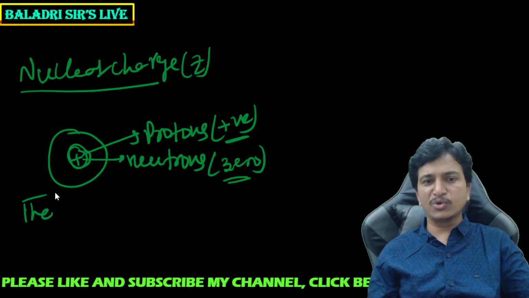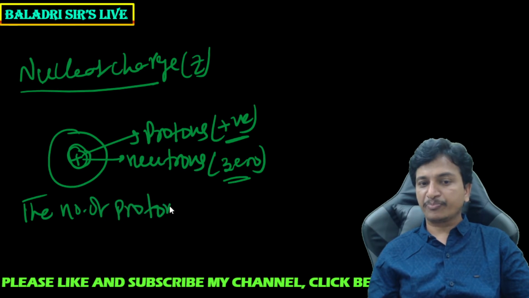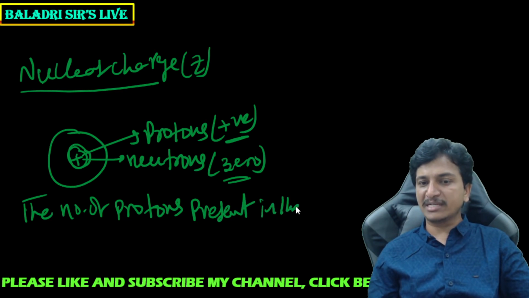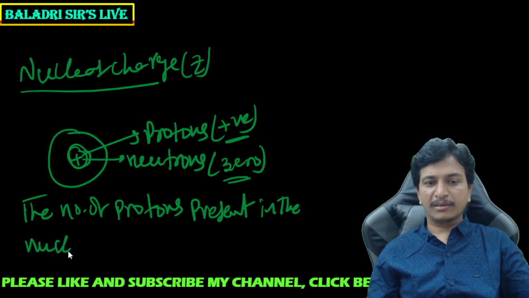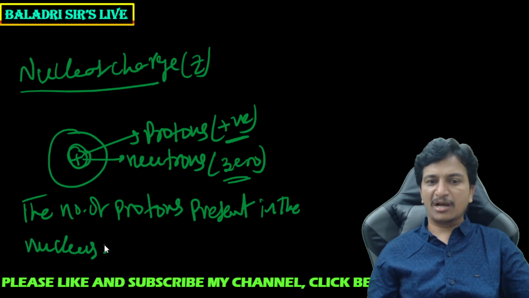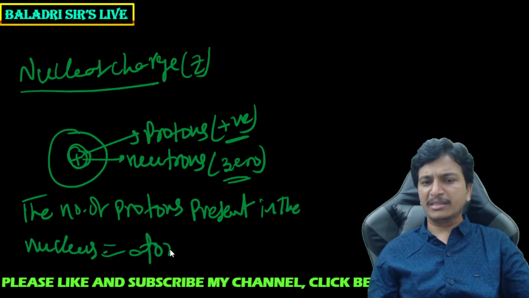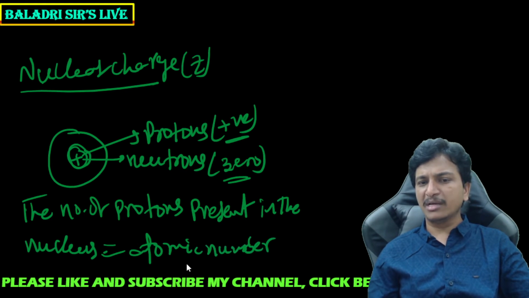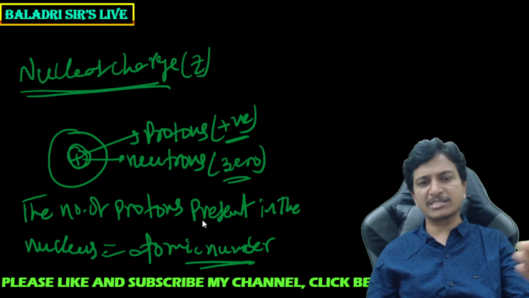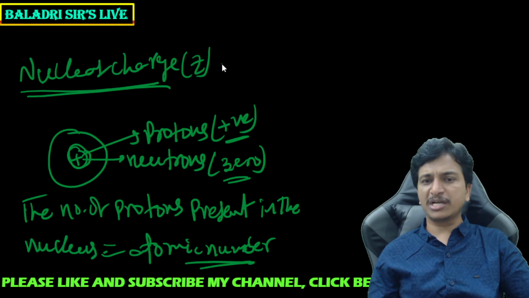So we can say that nuclear charge is the number of protons present in the nucleus, and this is also called atomic number. That means atomic number is nothing but nuclear charge. Atomic number is equal to number of protons. Number of protons is nothing but nuclear charge.